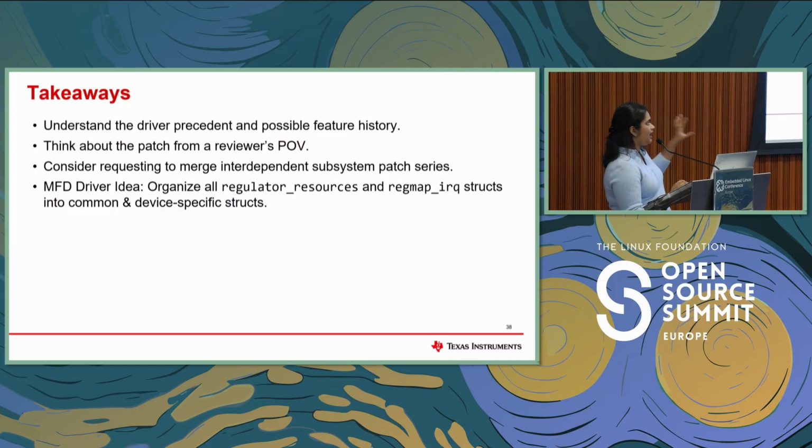And I wish that was the way I had implemented it. If there is a way out there, I'm putting it out for advice and feedback. Same with the RegMap IRQ structs. So that's also an idea that, okay, I did this for regulators. It was great. It reduced the code churn for adding in TPS652 and 4. How can I do that for the MFD driver?